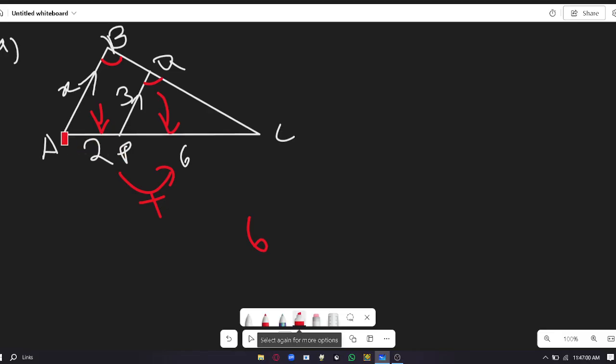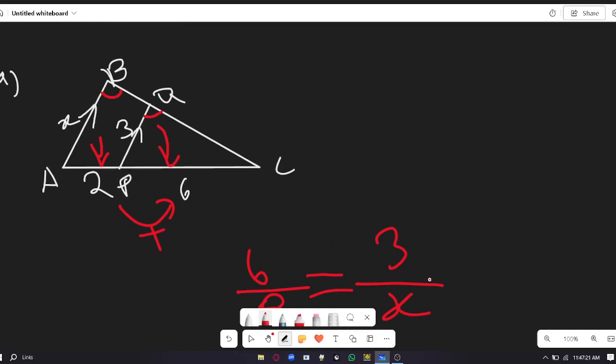If you're confused about what I'm doing, see this whole triangle. There's the total length. That's plus. So 6 divided by 6 plus 2, which is 8. This is equal to small one by the big one.